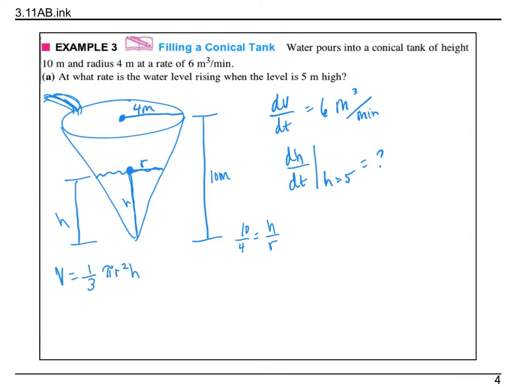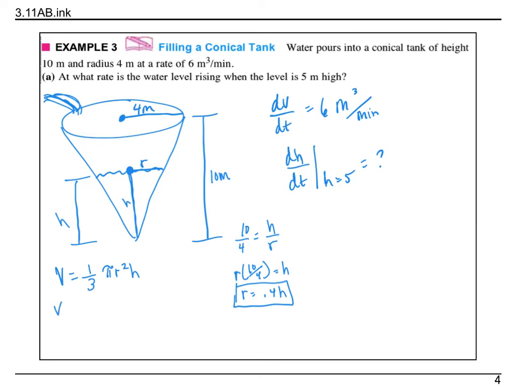So right now I have r times 10/4 equals h. R equals, multiplied by the reciprocal, 4/10 h, or 0.4 h. So that's the ratio that we need.